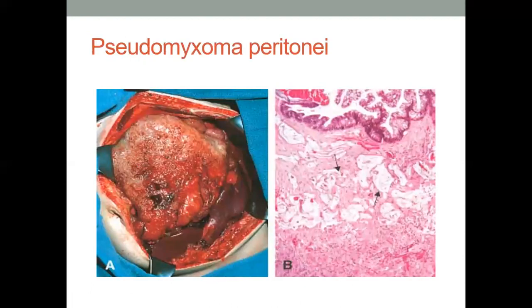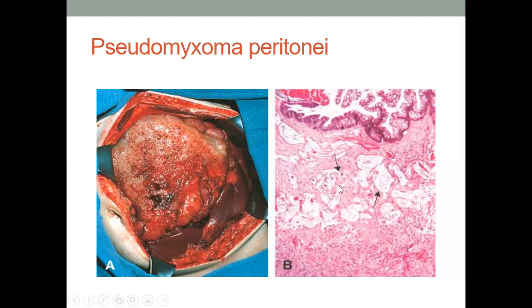So what is pseudomyxoma peritonei? Pseudomyxoma peritonei is a clinical term, and it may be seen in ovarian mucinous tumors or mucinous cystadenocarcinoma of the appendix.